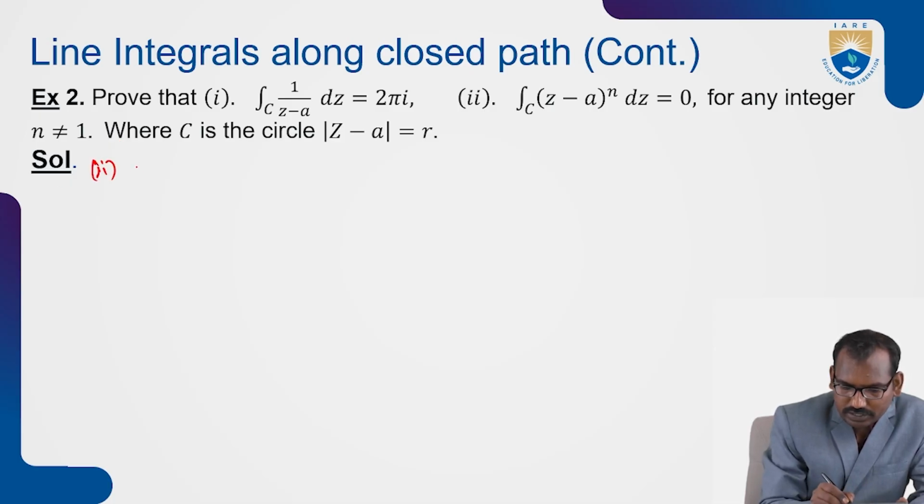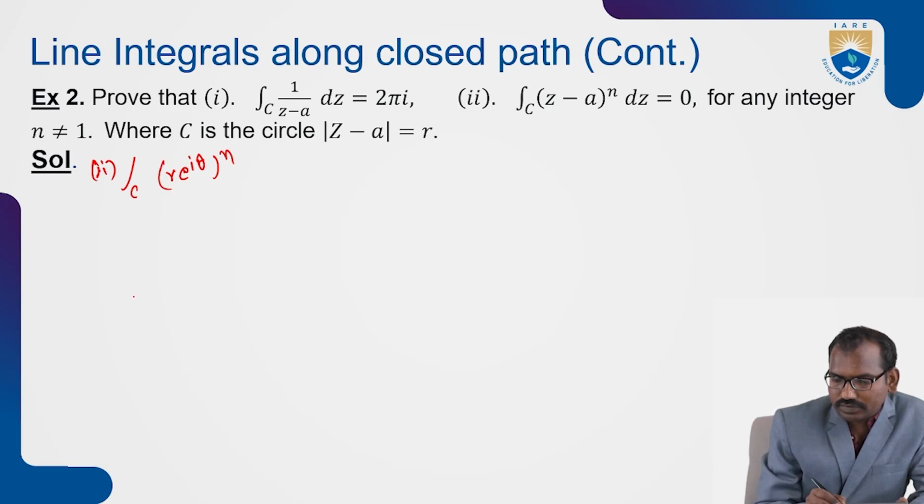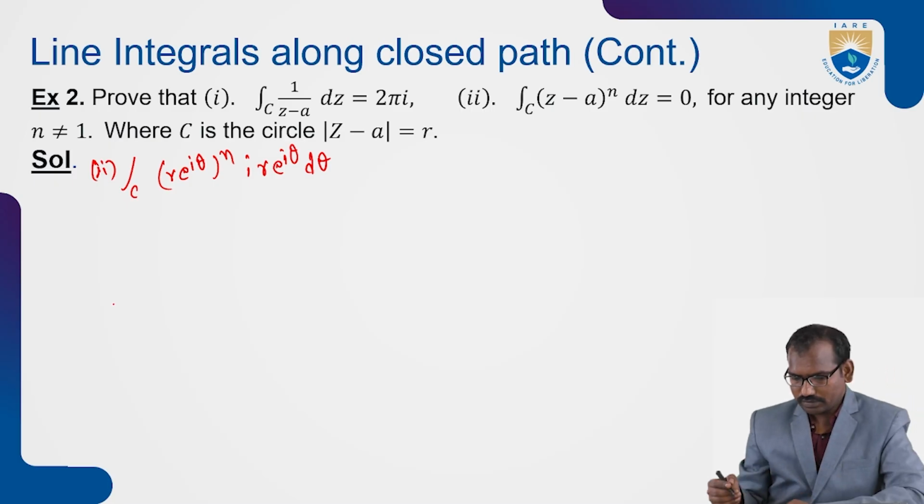Here it is integration along C. We already know z minus a is taken as r e power i theta, and what is dz? It is i times r e power i theta d theta.